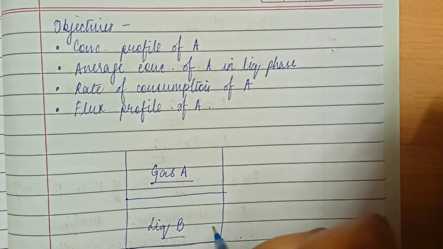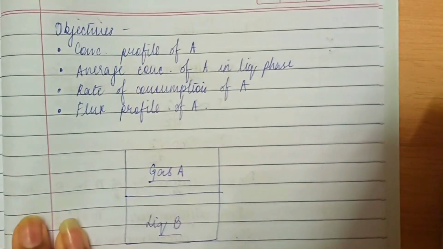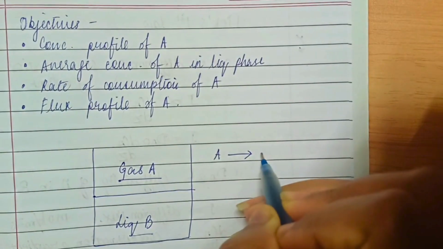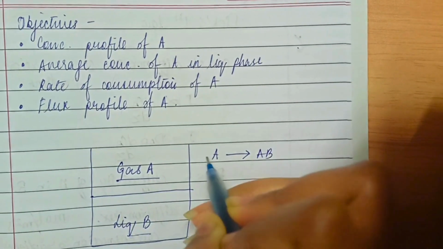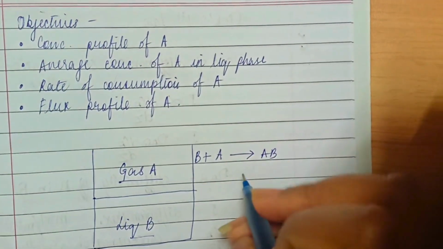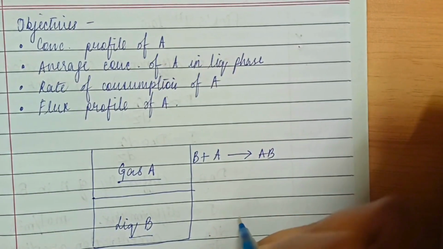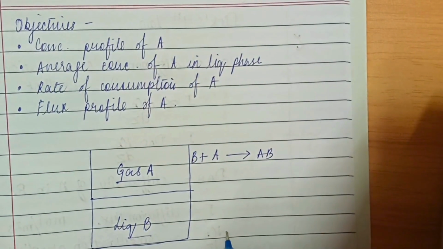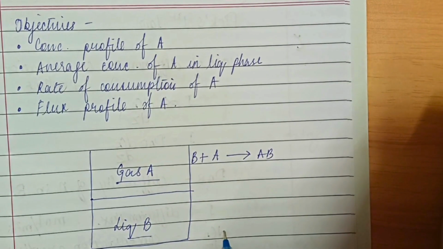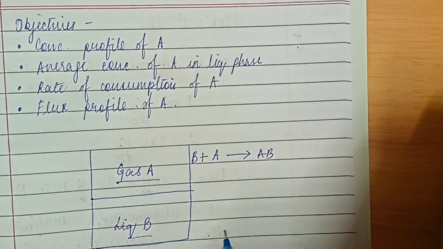As A diffuses, it undergoes an irreversible first order homogeneous reaction. An example of such a system can be absorption of CO2 by a concentrated aqueous solution of NaOH.